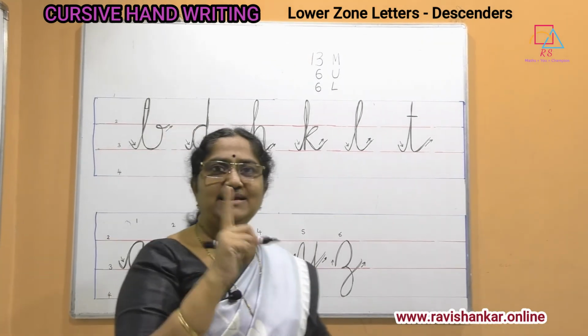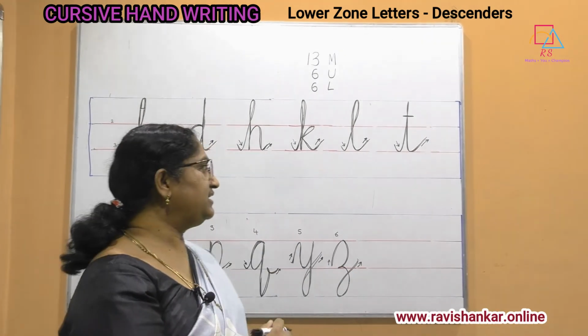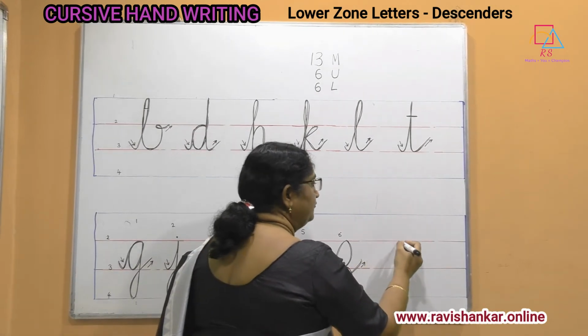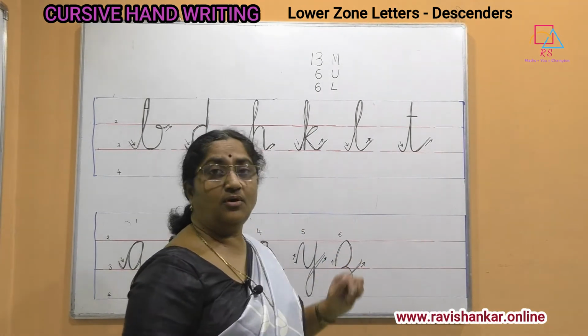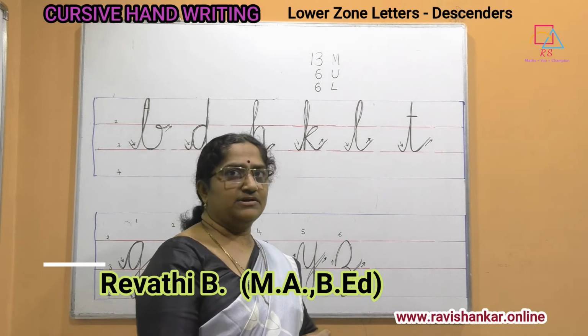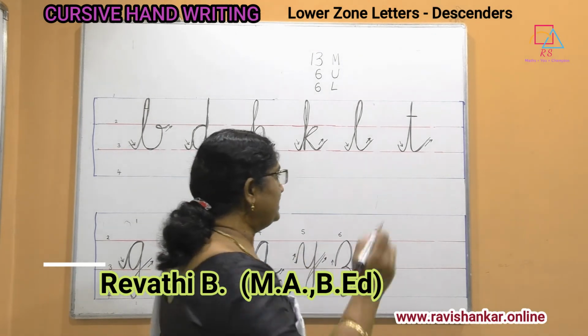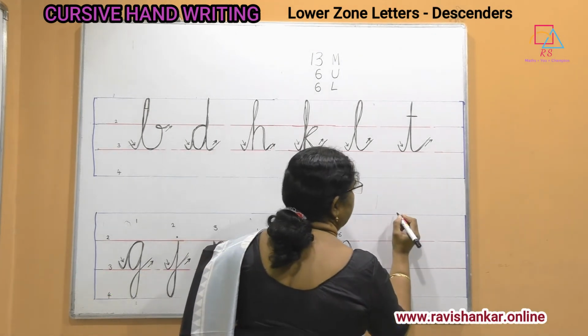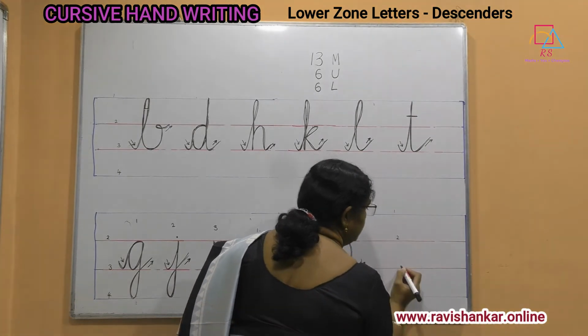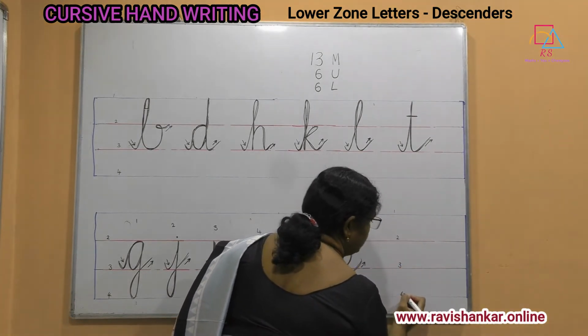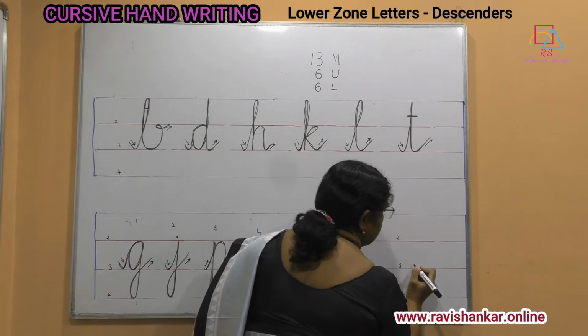F is the only letter which is written between all the 4 lines. We use all the 4 lines in order to write the letter F. Let us see how it goes. Line number 1, 2, 3 and 4 starts.